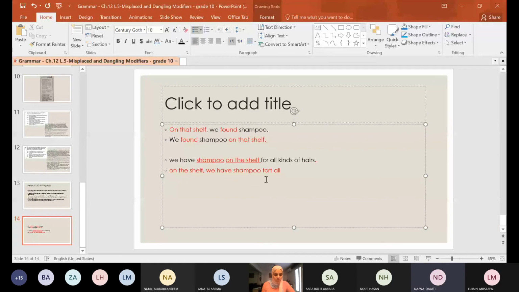Does it modify "we" here? I can't say that. It's for "have." Yes, it answers where do we have? Adverb, prepositional phrase, not modifying "we" or shampoo.